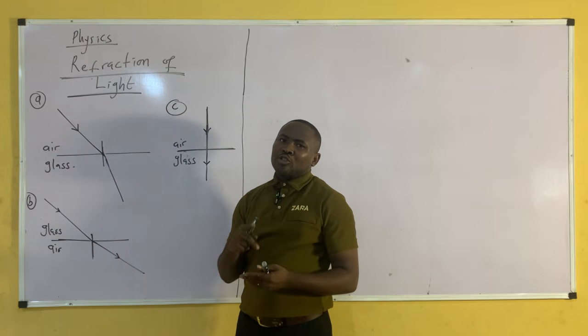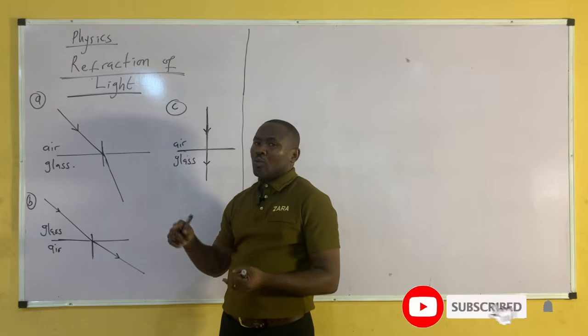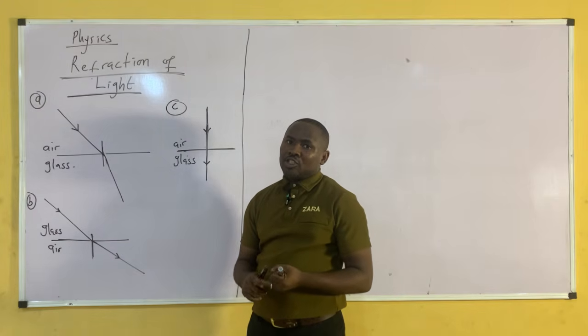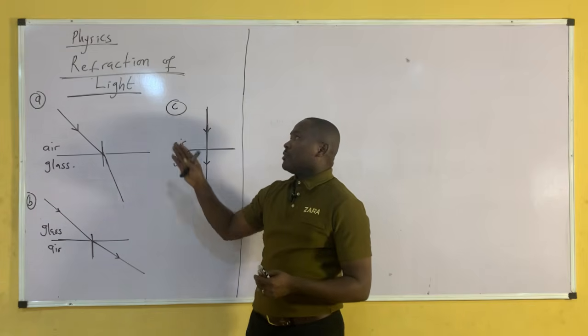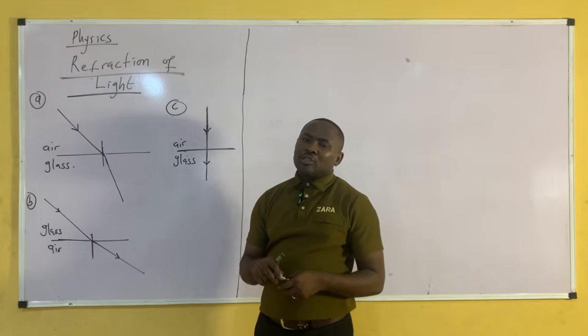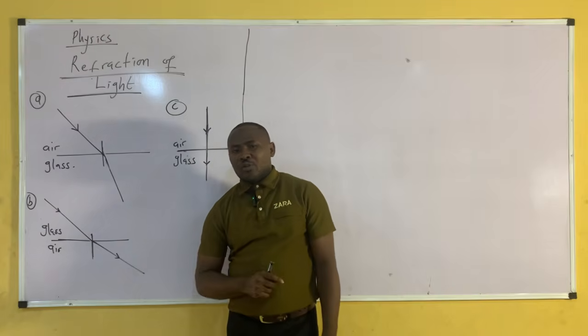And so now some things are changing. Which are those? The wavelength of the light is changing, the speed of the light is changing, but the frequency of that light is constant. So in refraction, when a light wave bends, there is one property of the wave that does not change. It is called the frequency.